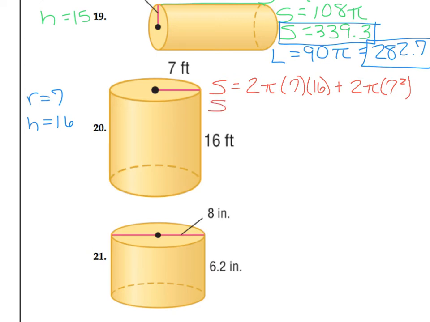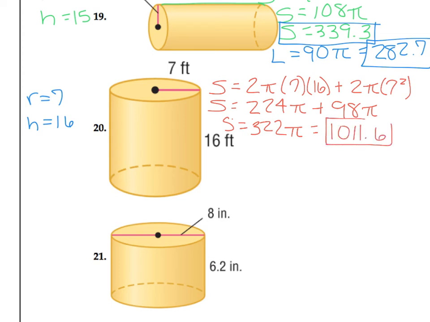I'm going to do 2 times 7 times 16, so that gives me 224 pi, plus 7 squared is 49 times 2 gives me 98 pi. So for surface area, my exact answer is 322 pi. I can multiply that out to get 1011.6. That's my surface area.